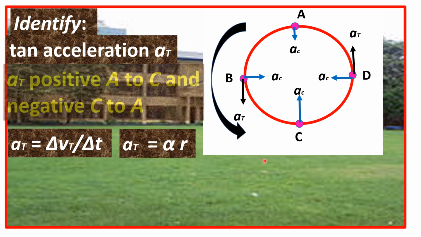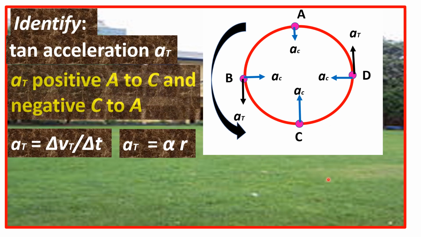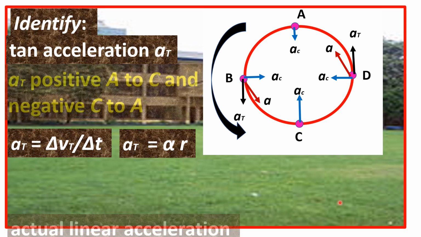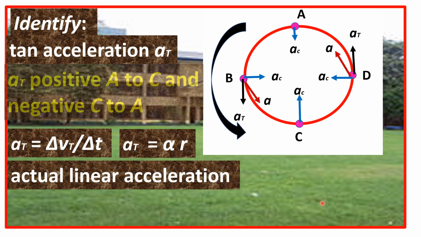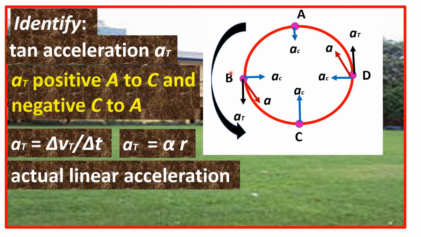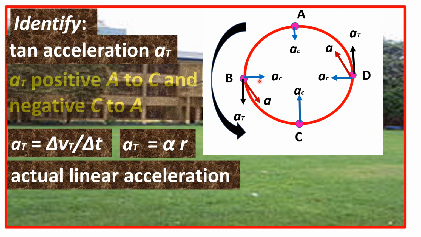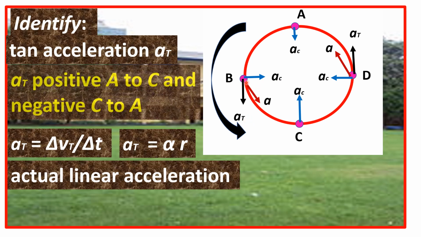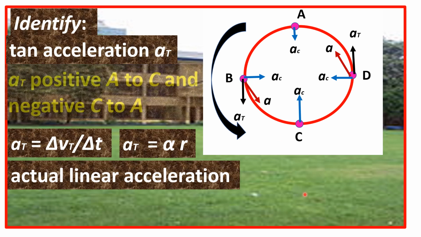So, at any point in the circle other than point A and point C, we say that the actual linear acceleration of the body, for example at point B, because of the combination of the two accelerations, the centripetal acceleration a sub c and the tangential acceleration a sub t, is determined using the Pythagorean formula.